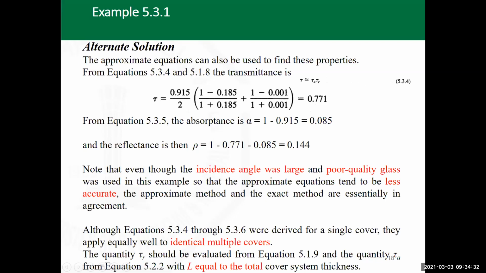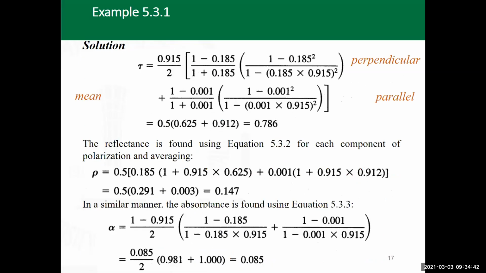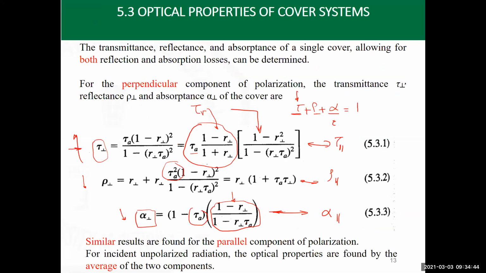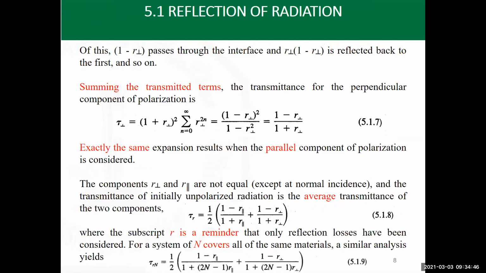So if you have different layers, just deal with the same equation and take the total thickness as your thickness in equation 5.19. What is equation 5.19? To remind you again, this is where we are calculating the value of the transmittance for the different number of layers that we have.